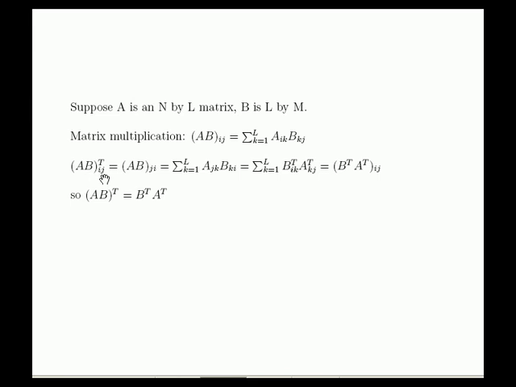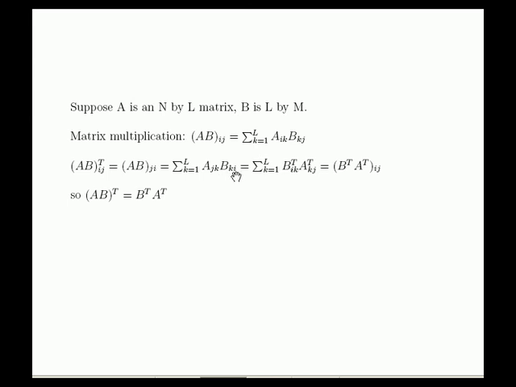Take the ijth component of AB transpose. That's the jith element of AB, because transpose just switches the row and column. So ijth element of AB transpose is the jith element of AB. So what is the jith element of AB? Well, here's the ijth element of AB. The jith element, you just switch the i and the j, so this would be ajk times bki. That's what we have there. Just switch the i and j from what we have here.